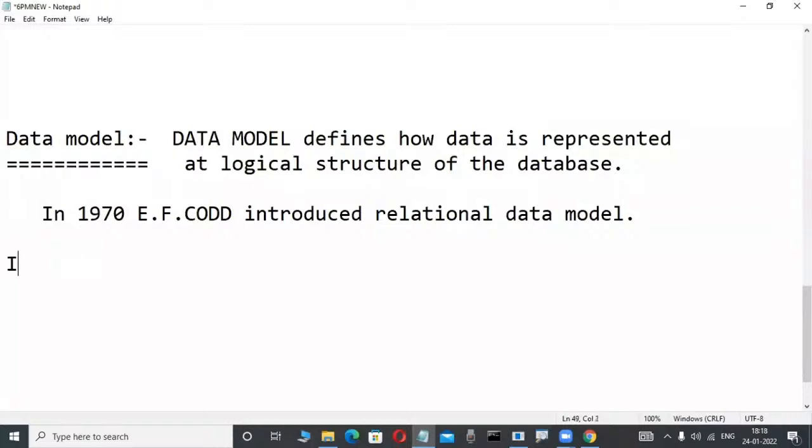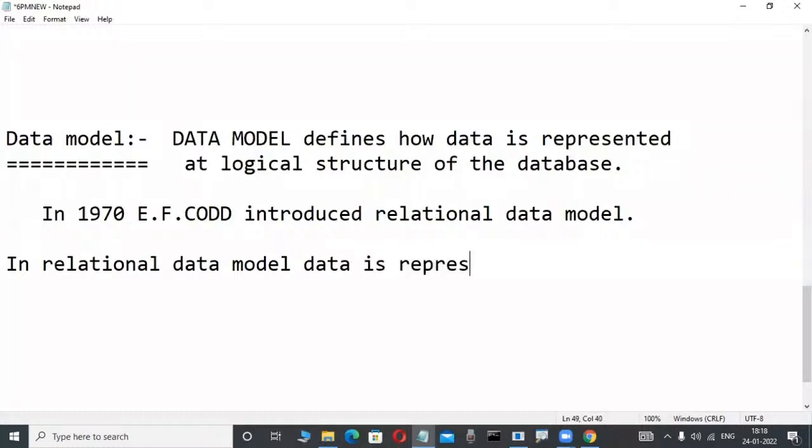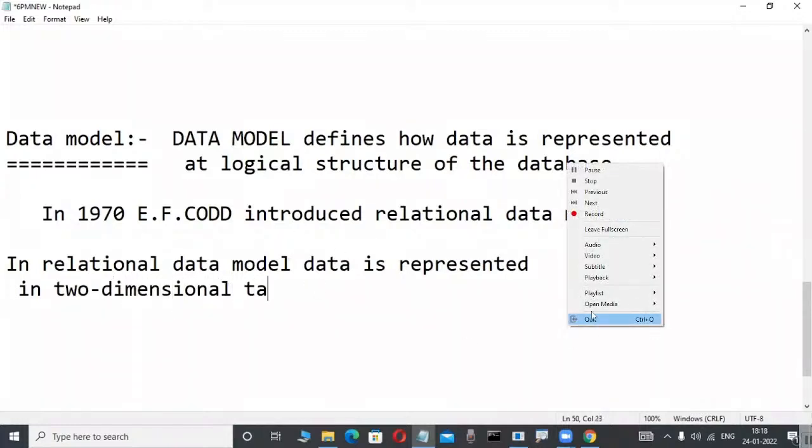In the relational data model, data is represented in two-dimensional tables, in the format of rows and columns. That is nothing but two-dimensional tables.